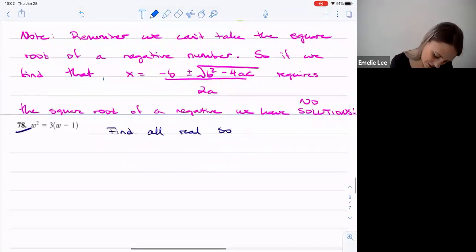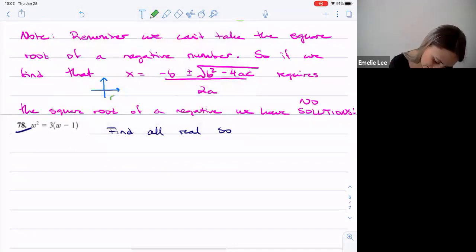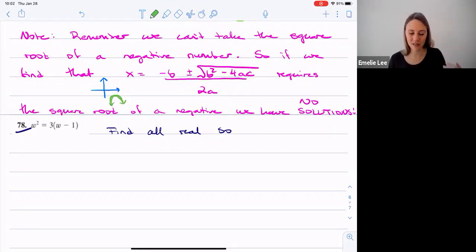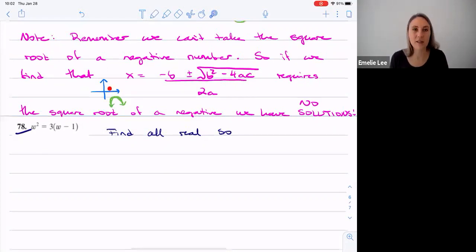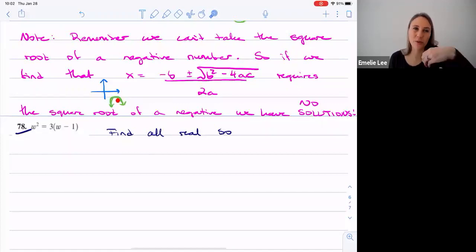Well, if we have something, right, in a graph, and our parabola maybe looks like, let's do it down here this time, right? It's pointing down, then it'll never cross the x-axis, right? So it could be pointing up above the x-axis, or it can be pointing down below the x-axis, right? Either way, you're never going to cross this x-axis.